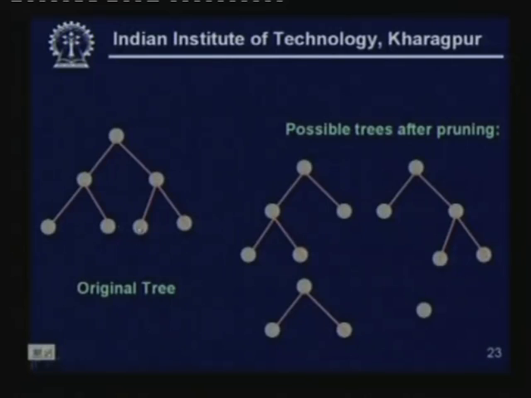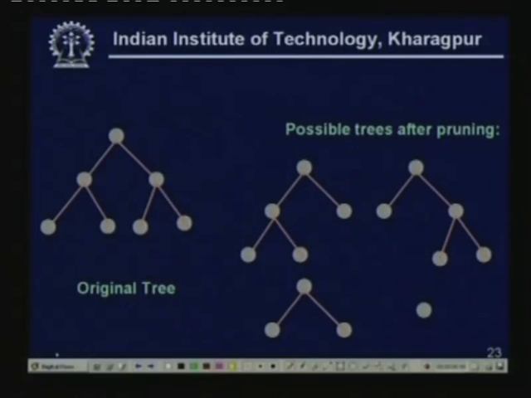So reduced error pruning can be illustrated by this diagram. Suppose this is the original tree. It has 7 nodes, 3 internal nodes. So what are the possible trees that we can get after pruning? If we prune below this node, we get this tree T1.